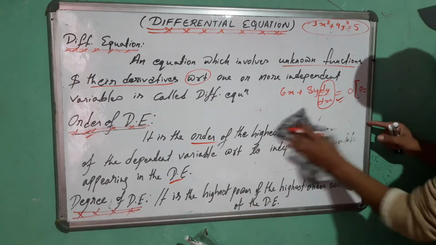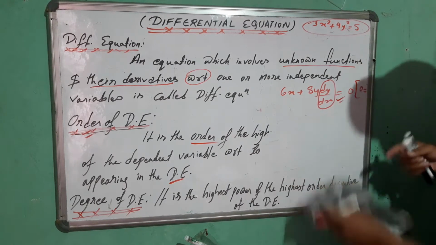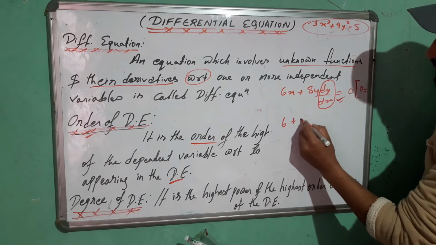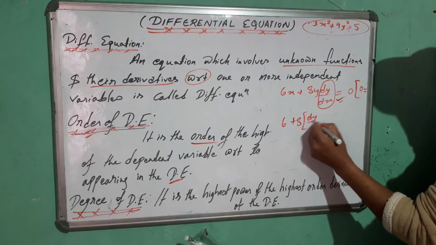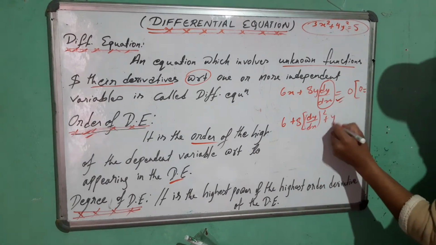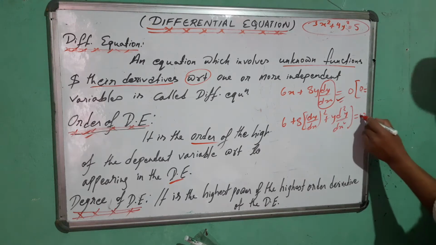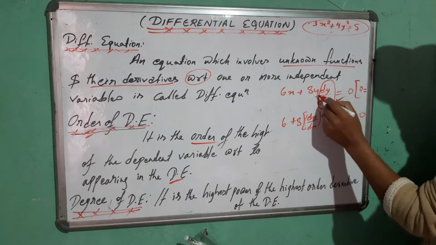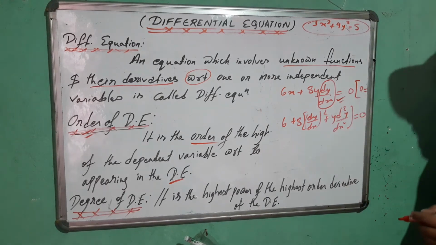Next, if you differentiate this algebraic expression with respect to x once again, then here you will get 6 plus 8, and here you have to use the product rule, the UV rule: (dy dx) whole square plus y d2y dx square equals 0.